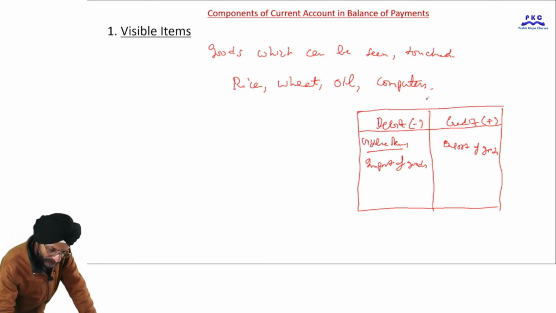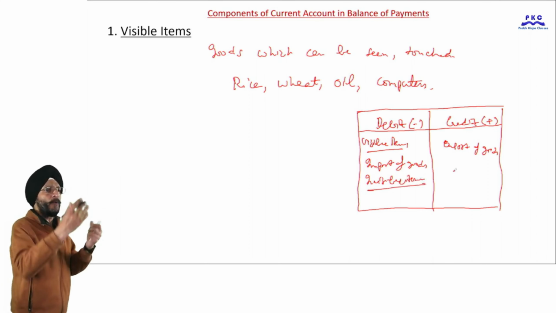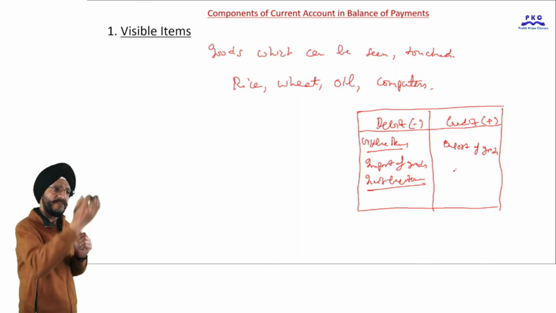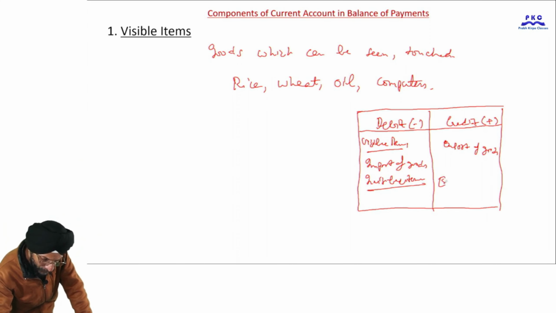This is the current account as already told. After visible items, we record transactions related to invisible items. When we export services, what happens? Foreign exchange comes in. So these are recorded on the credit side, export of services.